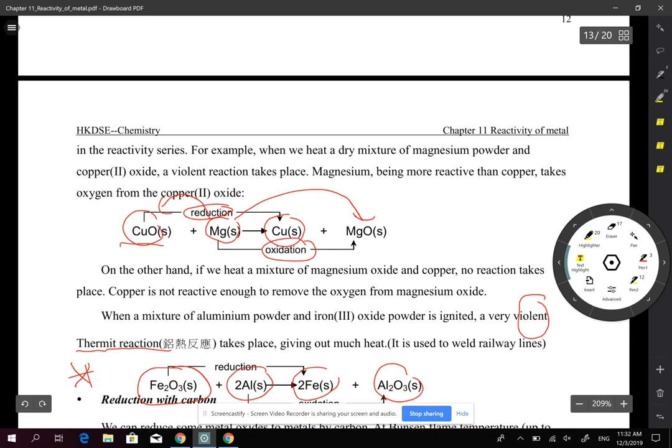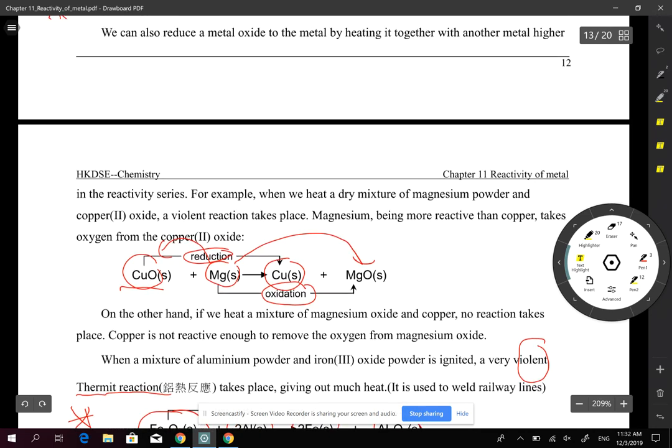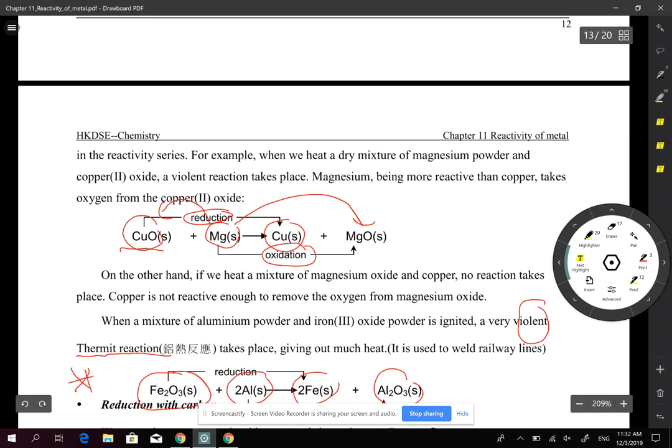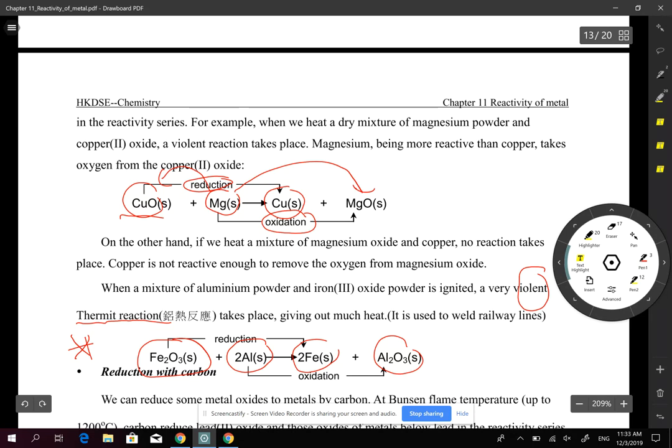But we also introduced that because some metals have higher reactivity than others, we can use some reactive metal to reduce some less reactive metal oxide. Like this example. Okay, copper oxide. When we put some magnesium to it, the tendency of magnesium to react with oxygen is higher than that of copper.